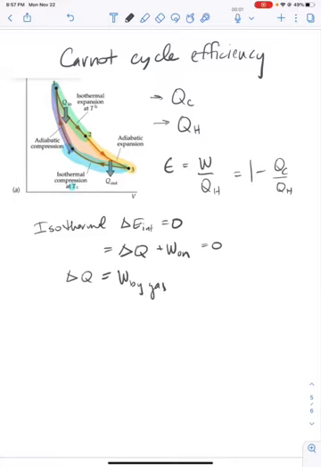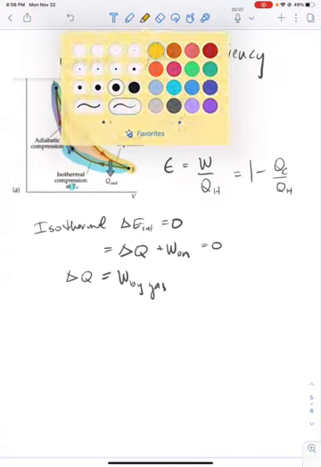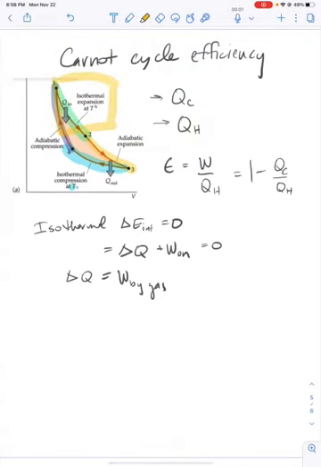Okay, so we're going to first do this for this green process, the isothermal expansion at the hotter temperature. Again, that's this one here. Okay, so for this process, the work done by the gas, which is equal to that Q that we want, is the integral from V1 to V2 of P dV.